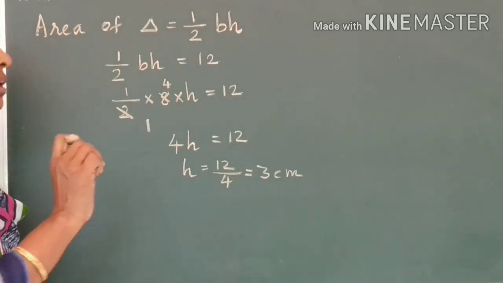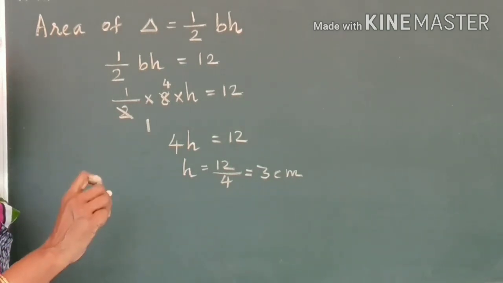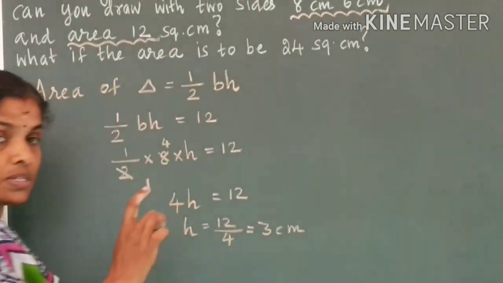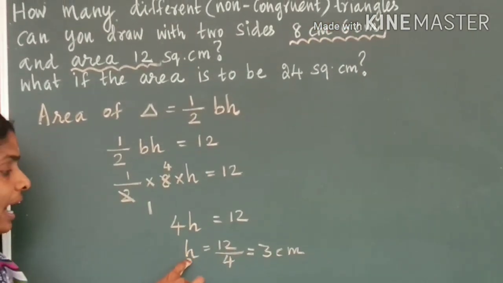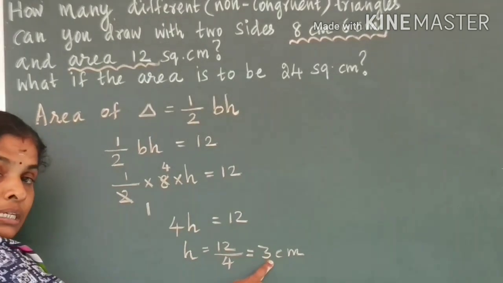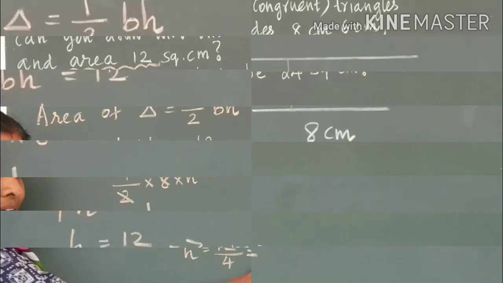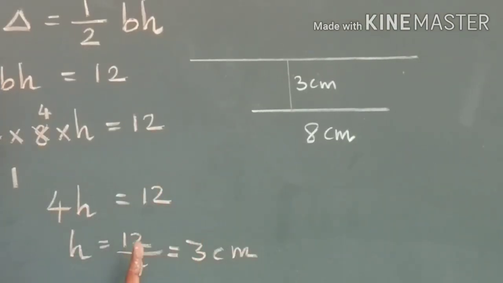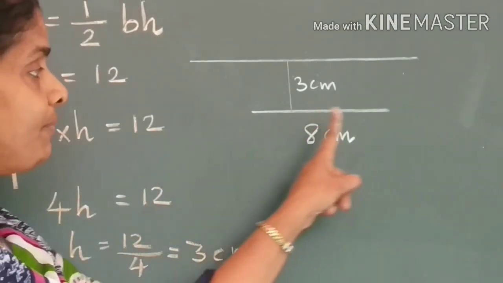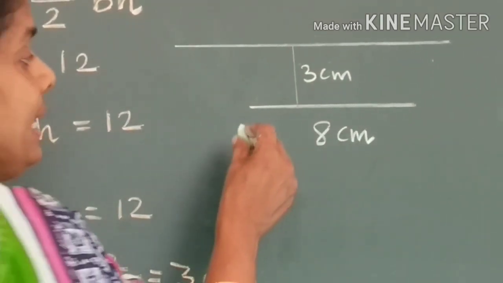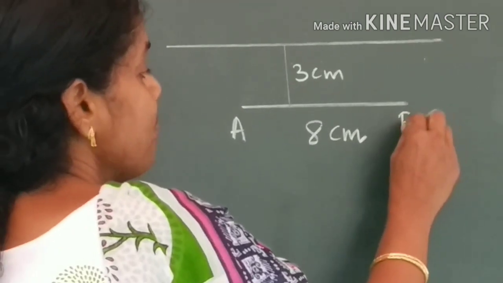Okay, so we have to draw a triangle with sides 8 and 6. We got the height to be equal to 3 centimeter. See how I am going to draw the figure. See children, first of all I have drawn a line for 8 centimeter. Let me name it as AB.